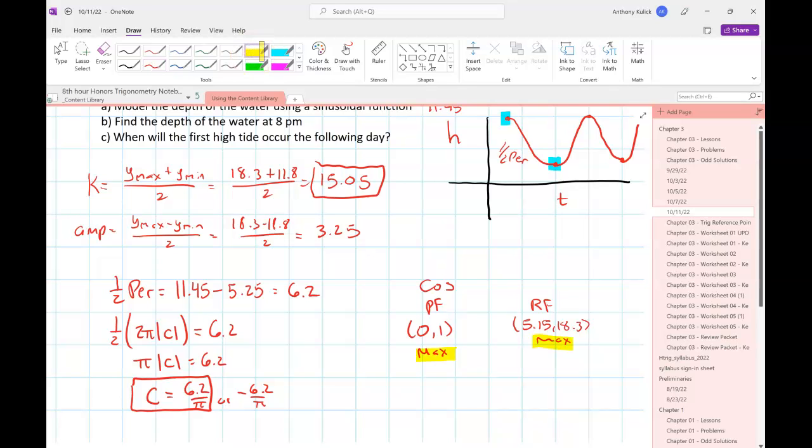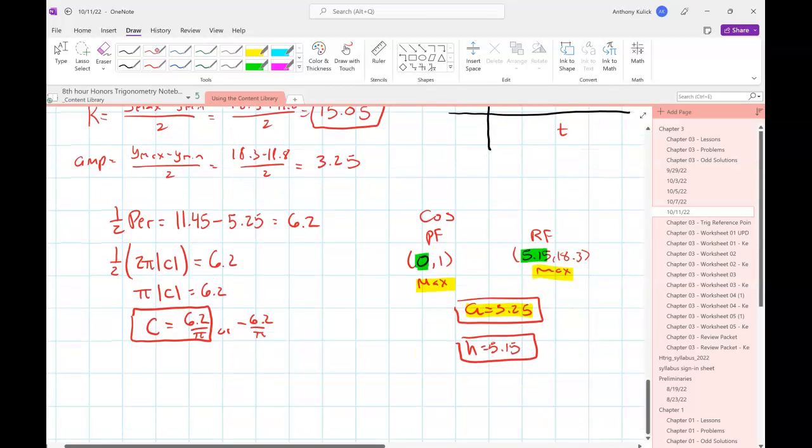Since this is going max to max, what does that tell me? A is positive. Good. And since the x-coordinate of my parent function is 0, then h is the x-coordinate for my transformed function. And now I have everything I need.